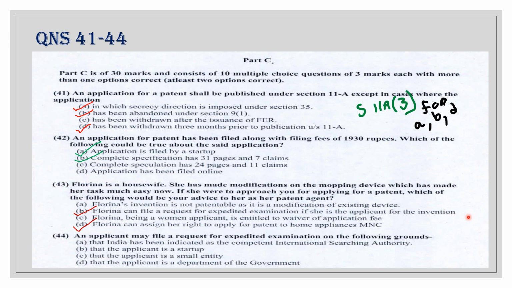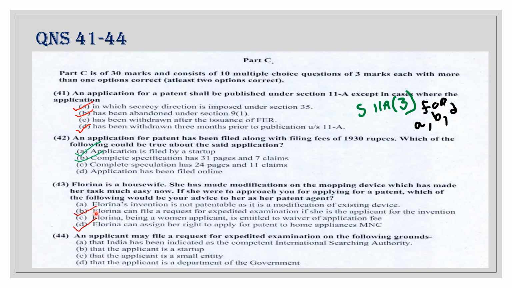Yes, expedited examination she can file, and this is as per Rule 24C, specifically Rule 24C, Sub Rule 1, Clause D. And the next correct option is option D, because Florina can assign her right to apply for patent to home appliances MNC. This is correct. Now we will analyze why option A and C are not correct.